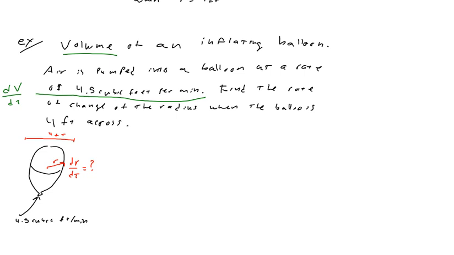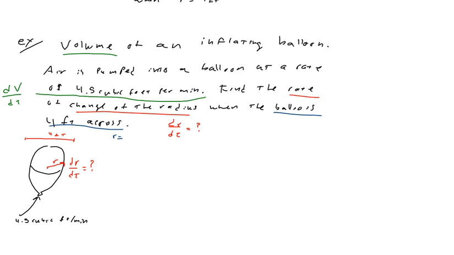It wants us to find the rate of change of the radius. So dr dt is unknown. And it tells us that the balloon is 4 feet across. If it's 4 feet across, what's the radius right now?